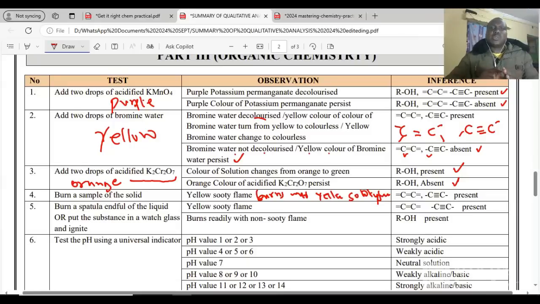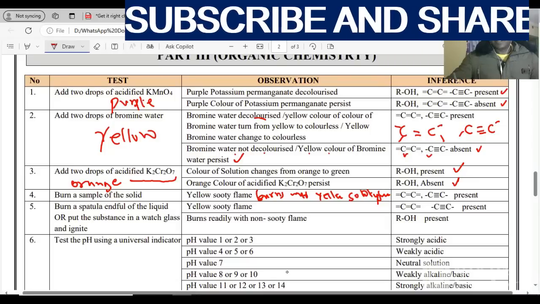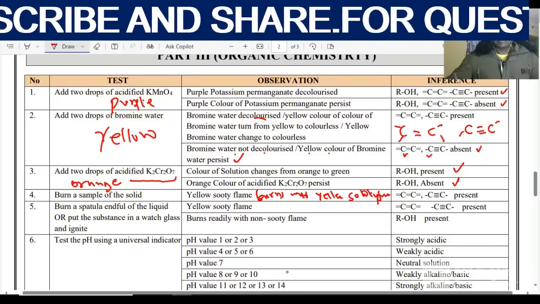If it is burning with a yellow sooty flame, then it means an alkene or alkyne is present. Unsaturated organic compound. We have two unsaturated types, alkene with a double bond and alkyne with a triple bond. I have said you write this bonding here. Don't write the words alkene or alkyne.